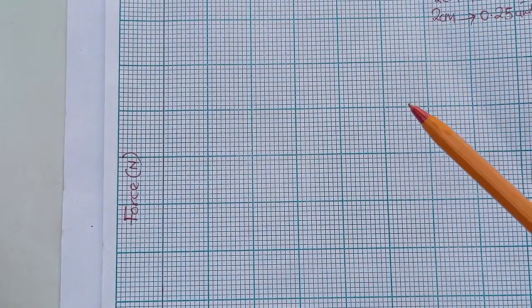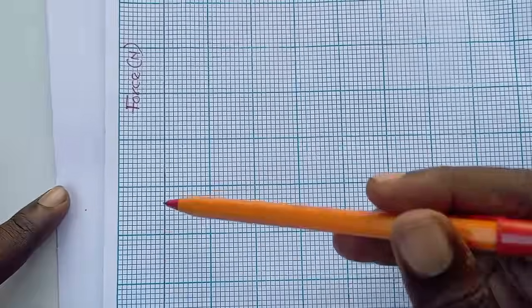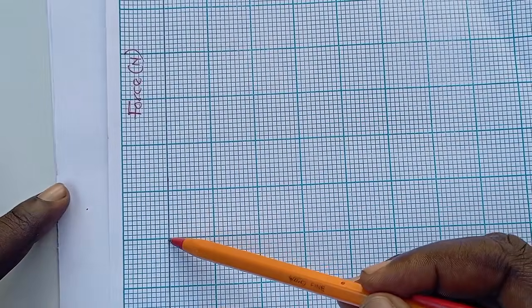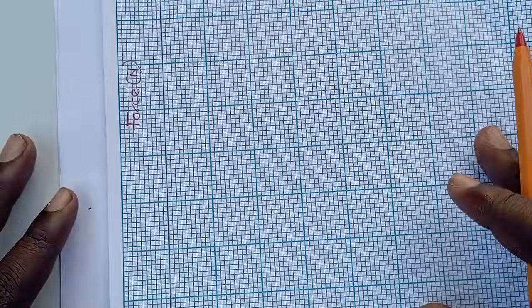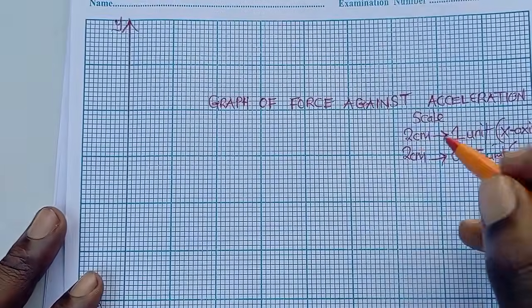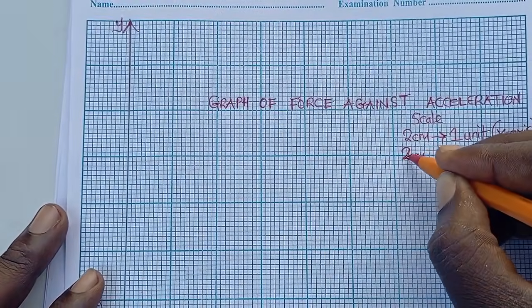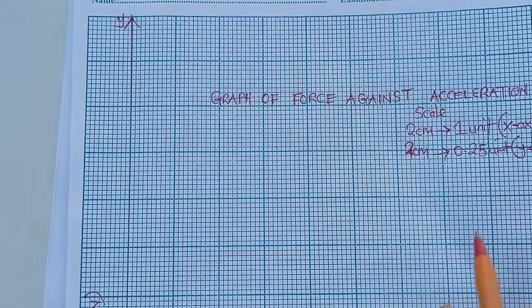I start. You know that the graph is supposed to be as big as possible. So I can extend this. What if I say 4? If I say 4, which means that I'll be moving like, okay, here, this is 0.5. I can make it big like that. What if I say 4 centimeters to make it big? 4 centimeters represents 0.25.